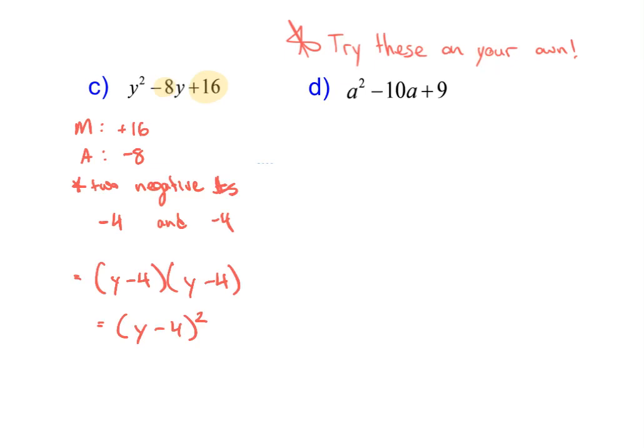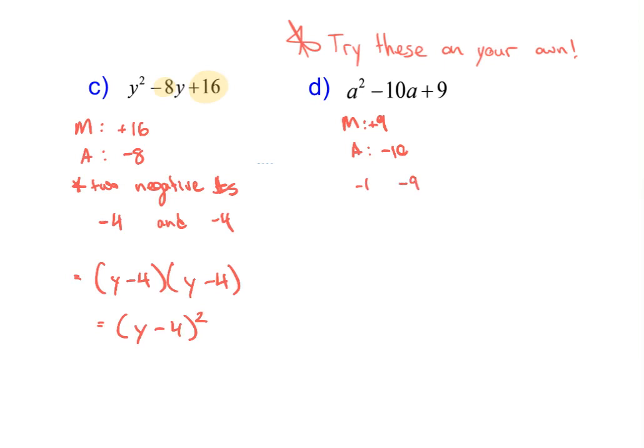In this other question, this was a pretty easy one. We did multiply to a positive number, like 9, and add to a negative number, negative 10. So again, we're going to have two negative numbers here because a negative times a negative will give us a positive. You may have found that the numbers here are negative 1 and negative 9.